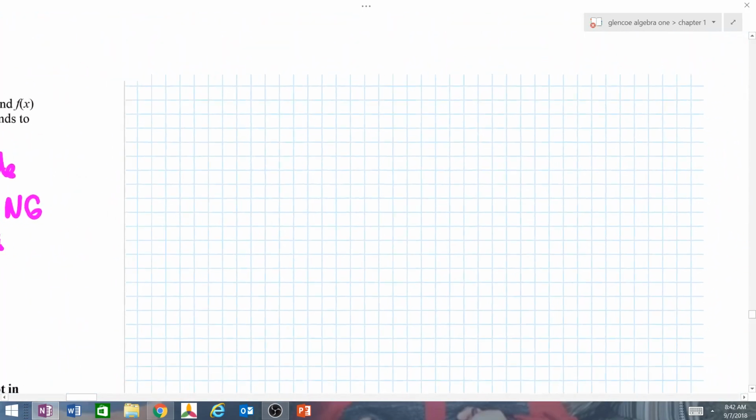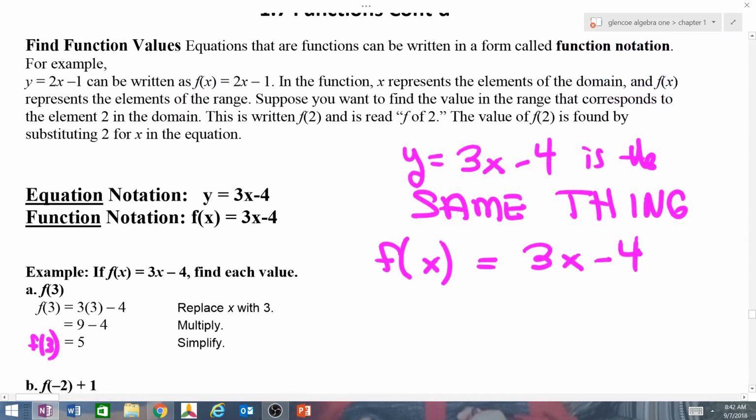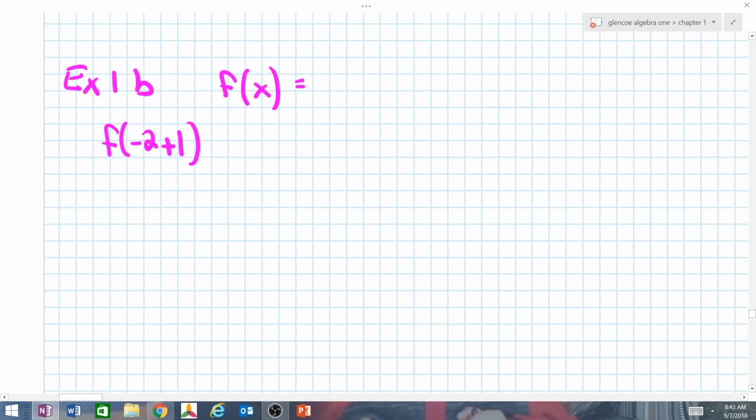Okay, let's go ahead and try one over here and see how you do. I know it's in your notes, but I want to do this one with you. Can you read me what example B says? F of negative 2 plus 1. Okay, and read me the equation again. F of x equals what? Oh, f of x equals 3x minus 4.